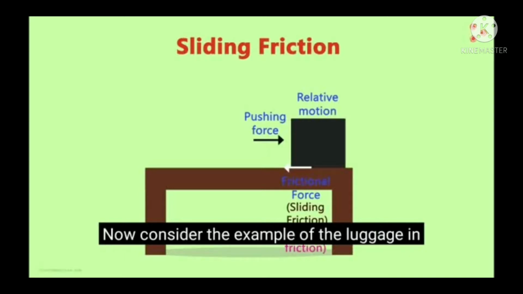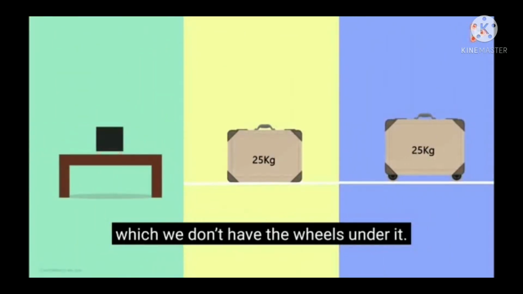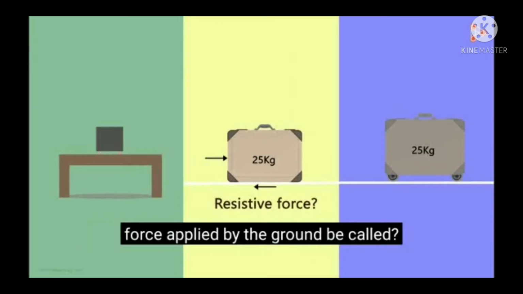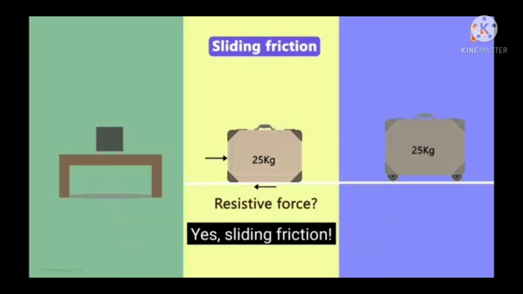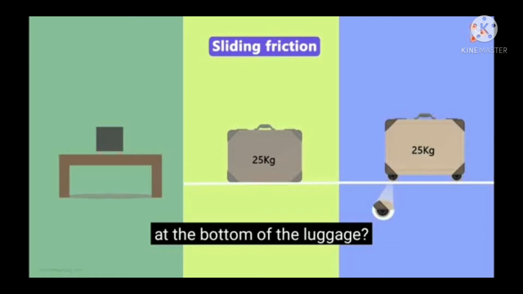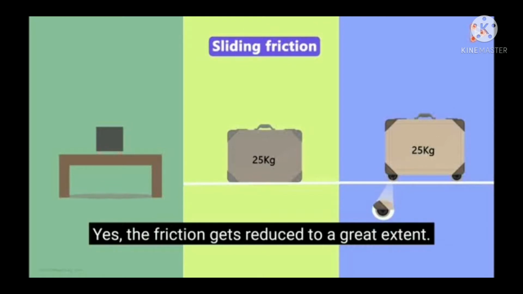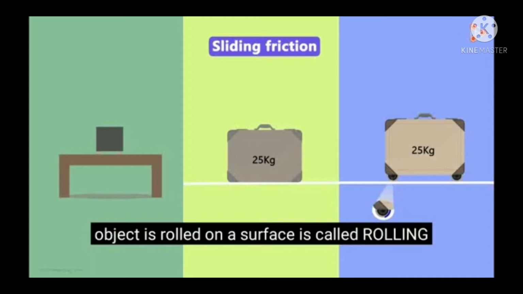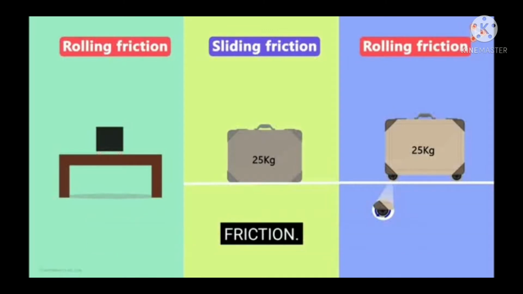Now consider the example of the luggage in which we don't have the wheels under it. When we move the luggage, what will the resistive force applied by the ground be called? Yes, sliding friction. But what happens when we attach circular wheels at the bottom of the luggage? Yes, the friction gets reduced to a great extent. This type of friction which arises when an object is rolled on a surface is called rolling friction.